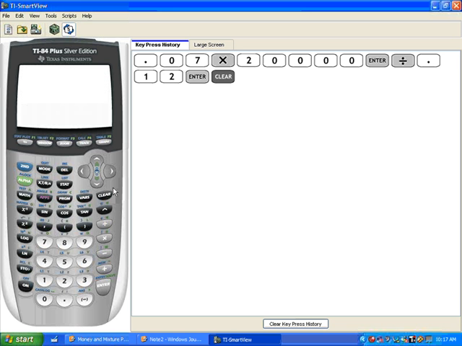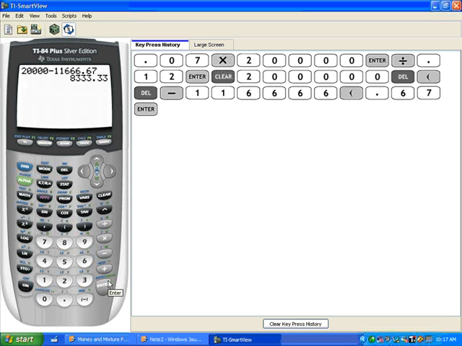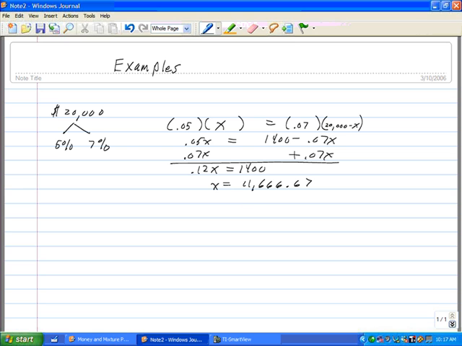For the second account, you take the $20,000, and subtract off the $11,666 and 67 cents, and that tells us the amount for the other account is $8,333 and 33 cents. So investing the money like this would give you an equal amount of interest out of the two accounts.